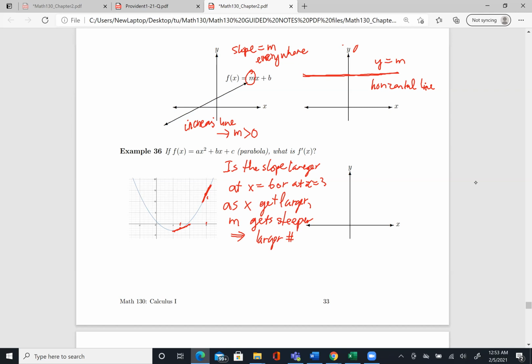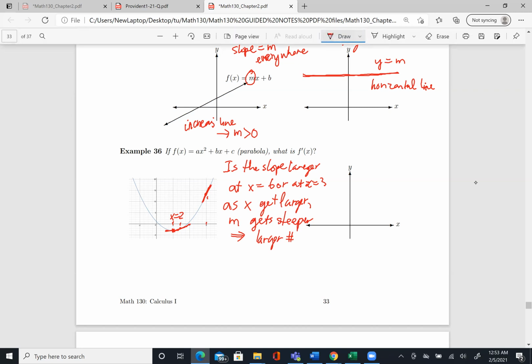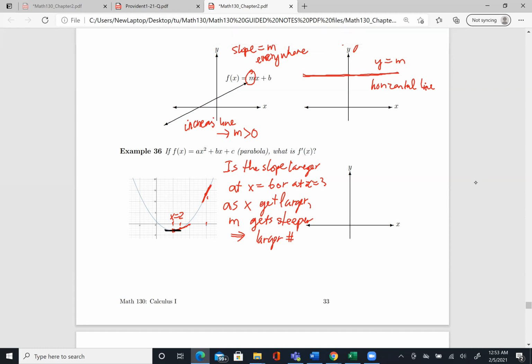What about in the negative direction? This is from x equal to 2, right? You have a horizontal tangent line at x equal to 2. Let me use the color. But yeah, what I mean is, this side is going to be positive slope, and this side is going to be negative slope.